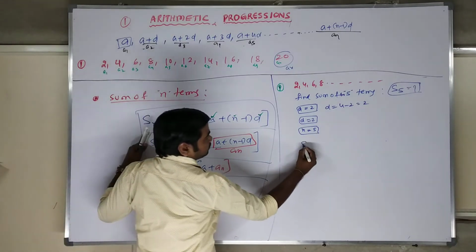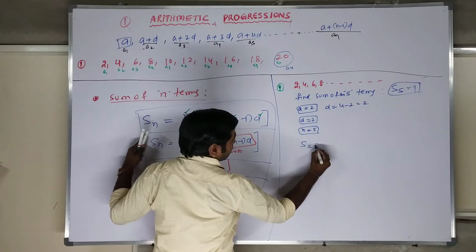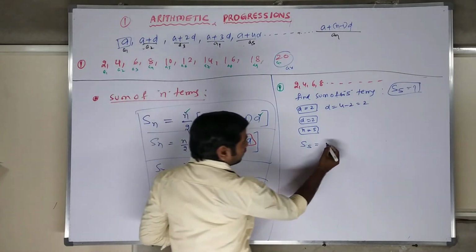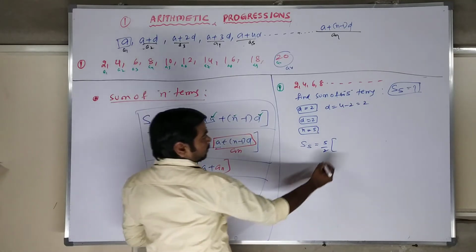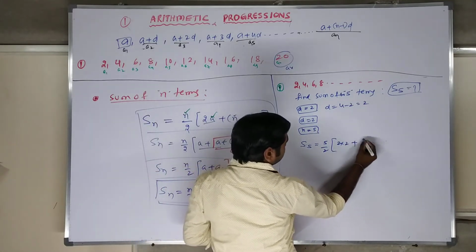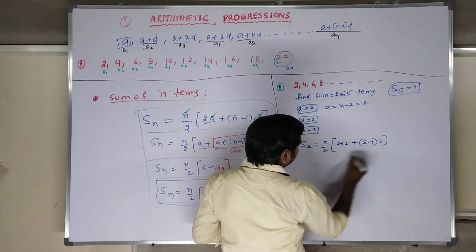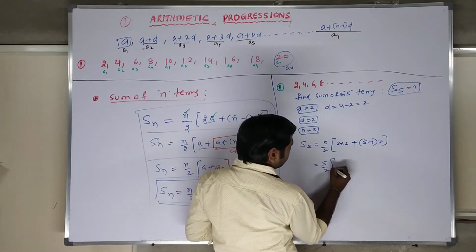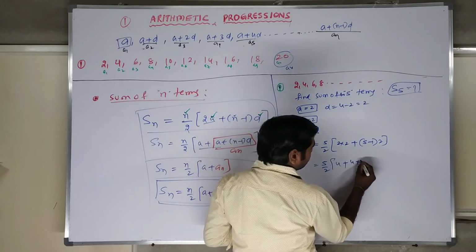S suffix 5 is equal to n by 2, nothing but 5 by 2, into 2a, 2 into 2, plus n minus 1, meaning 5 minus 1, into d, which is 2. So 5 by 2, 2 into 2 is 4, and 4 into 2.